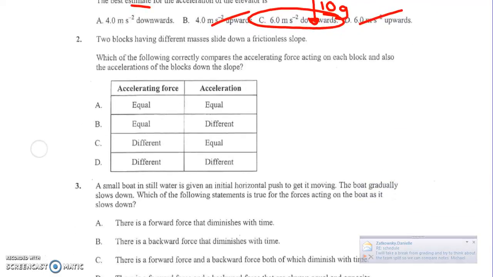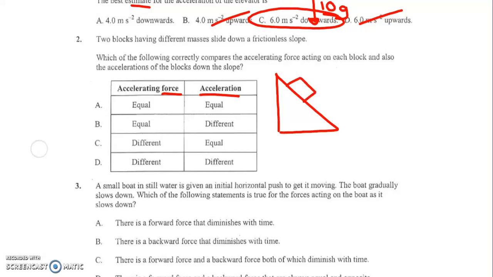All right. So 2 blocks having different masses slide down a frictionless ramp. What I want to know is how does the force and the acceleration, how do they compare to each other? So what I do know is that when the block is sitting there, whatever block is on the ramp, its accelerating force, its weight parallel, is equal to mg sine theta. So I do know that if there's more mass, there's more force.